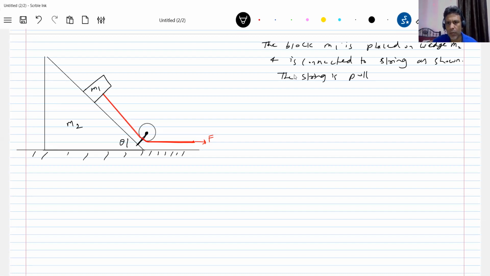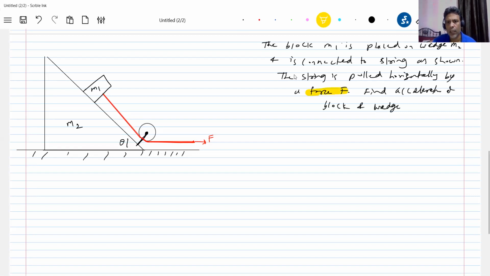The string is pulled horizontally by a force F. Find the acceleration of block and wedge. Okay, now it's the same thing. I changed the conditions a little bit here.